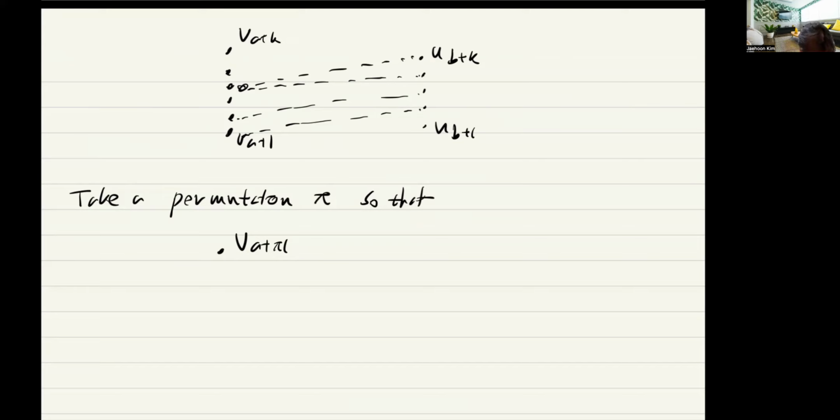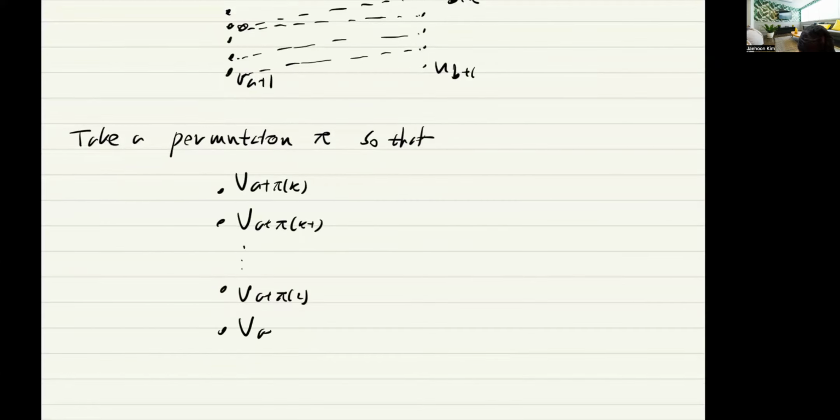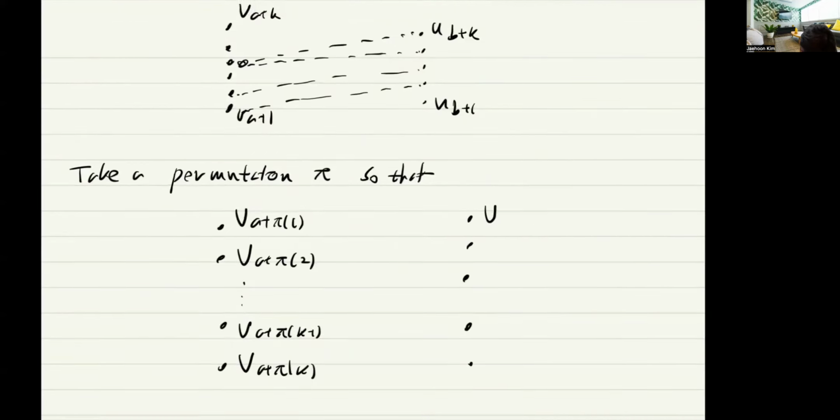Okay, so how do you want to do it? B A plus pi K minus 1, B A plus pi 2, B A plus pi 1, so that... sorry, let's write it this way. This is B plus K, B plus 1.